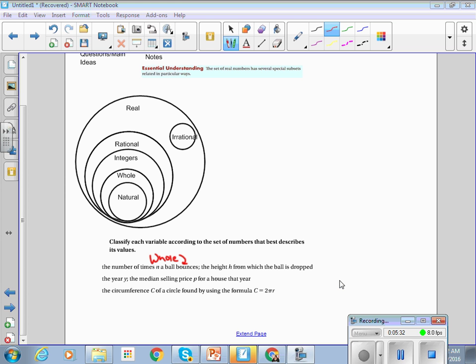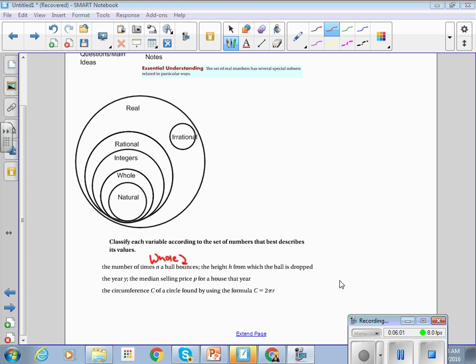Is there any reason that my height has to be a whole number? Could it be like 2.5? Could it be 2.61784? Yeah. So we not only get to be an integer, but we also get to be rational. And is it a possibility that my height could be irrational? Ian, what do you think?